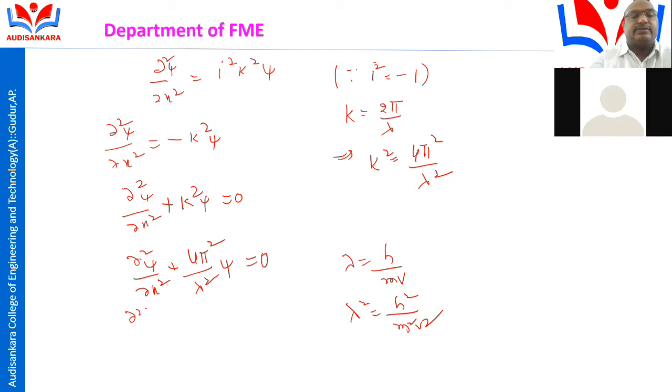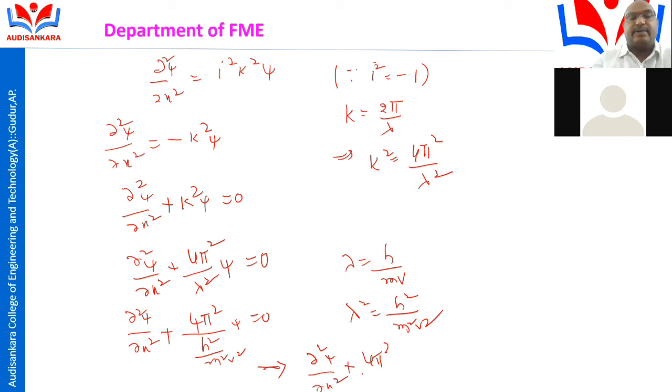In place of lambda square substitute h square by m square v square. Therefore, dou square psi by dou x square plus 4 pi square m square v square by h square into psi is equal to 0. Substituting lambda square as h square by m square v square and transposing, it can be written as dou square psi by dou x square plus 4 pi square by h square, m square v square, into psi is equal to 0.